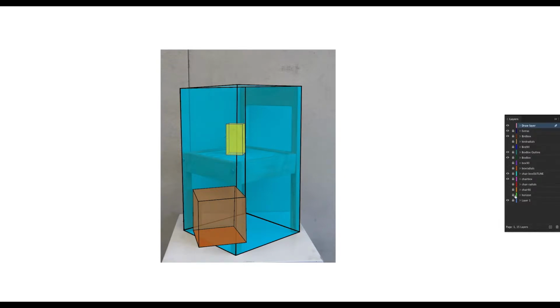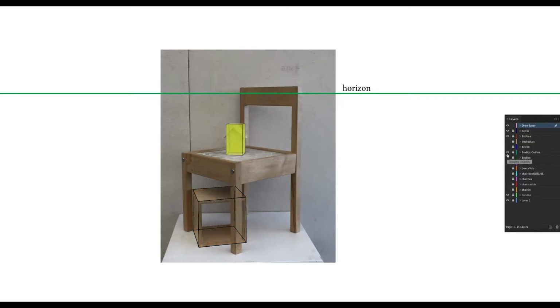Just like boxes have a horizon, this image has a horizon. Let me remove some of these. Now I've gone and determined that our horizon is just about up here. The reason I determined that is the slope of that line and that line.